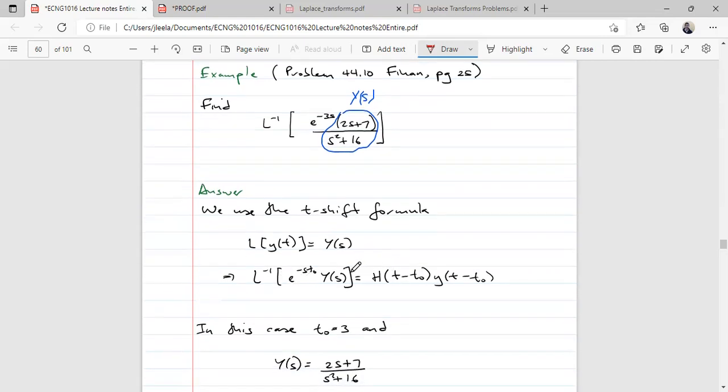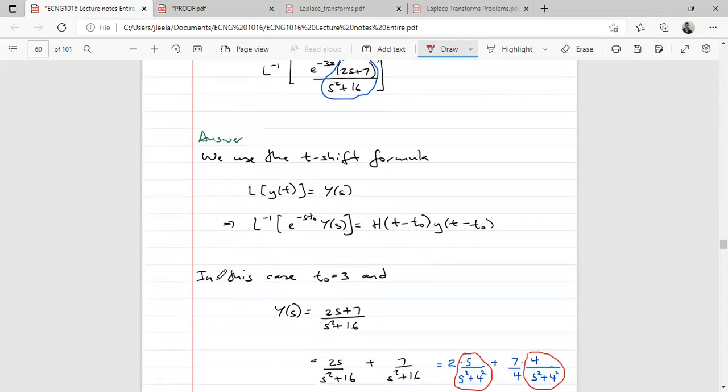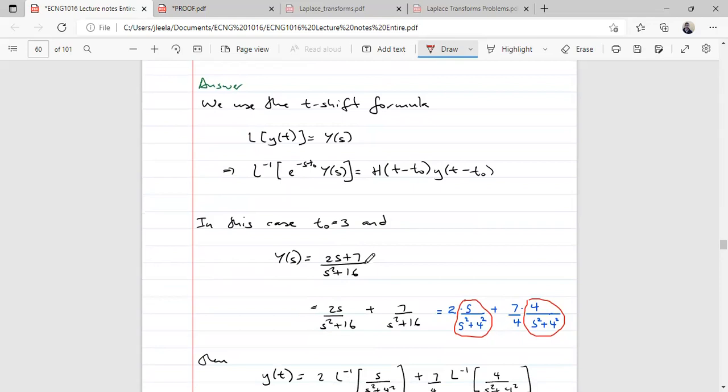Look at it here. So the Laplace inverse of e to the minus s t naught Y(s) is the Heaviside at t minus t naught times the function y at t minus t naught, right? So that is why I identified this here to be my Y(s), and I just said that the t naught here is 3, and the Y(s) is 2s plus 7 over s squared plus 16, right?